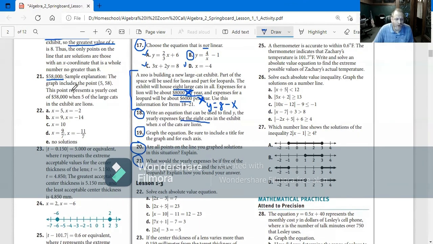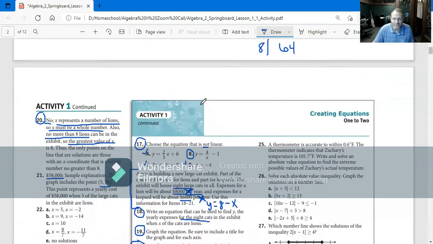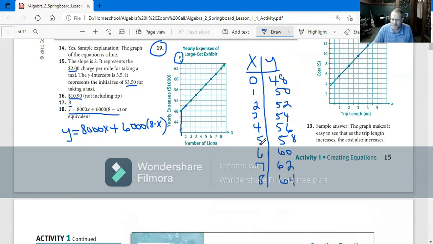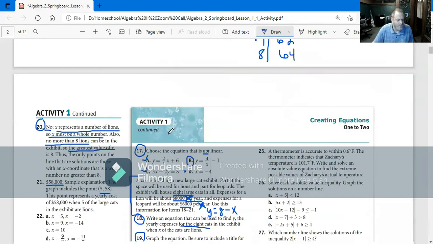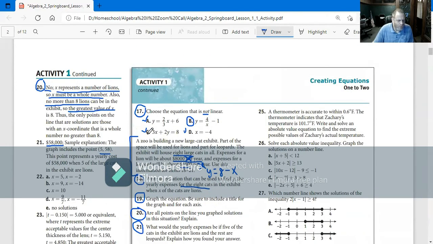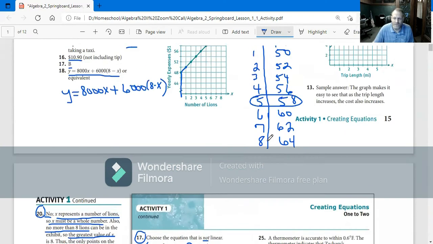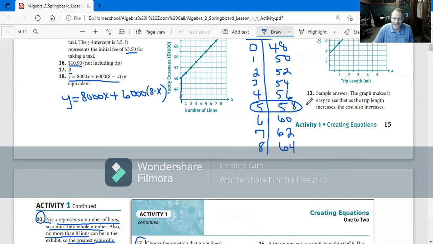The graph includes the point 5 comma 58. The point represents a yearly cost of 58,000 when 5 of the large cats in the exhibit are lions. So that is an easy way to tell that. So 5 and 58.